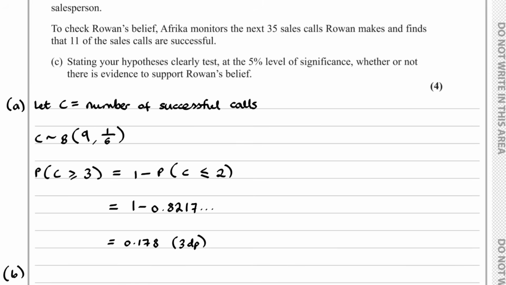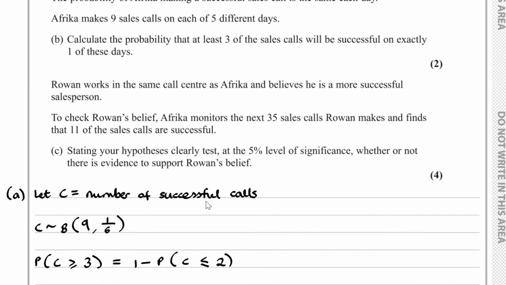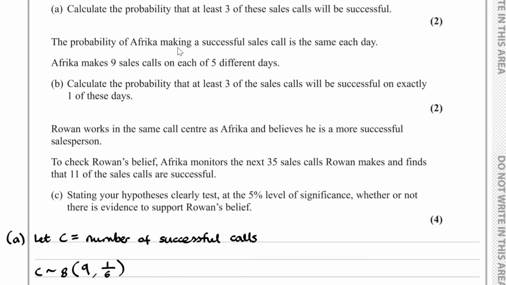For part B of the question, the probability of Afrika making a successful sales call is the same each day, and Afrika makes 9 sales calls on each of 5 different days.